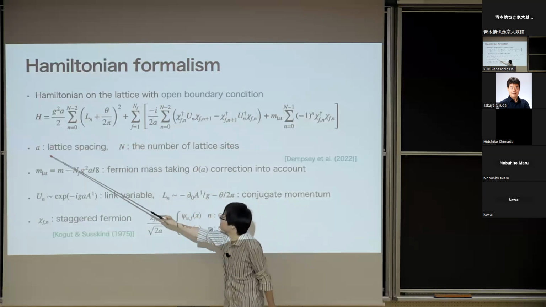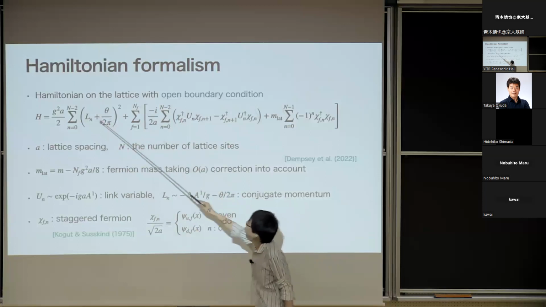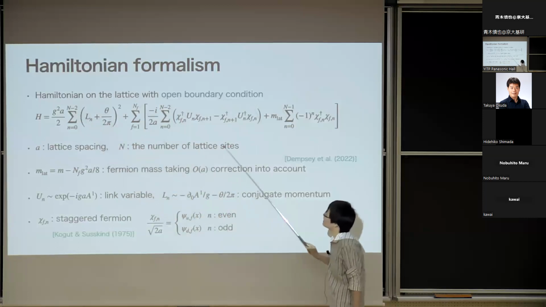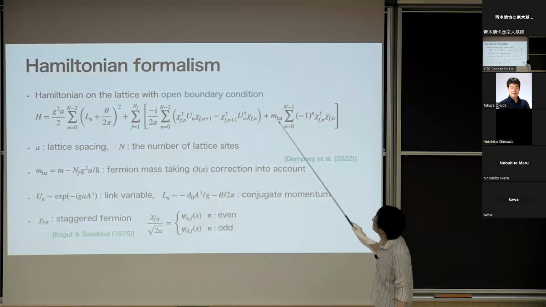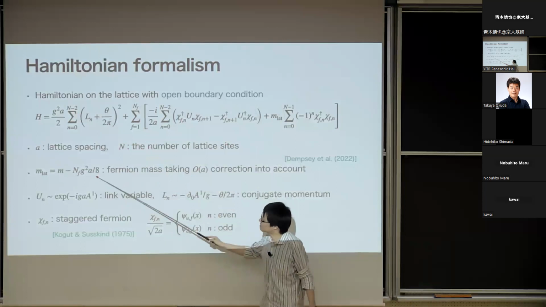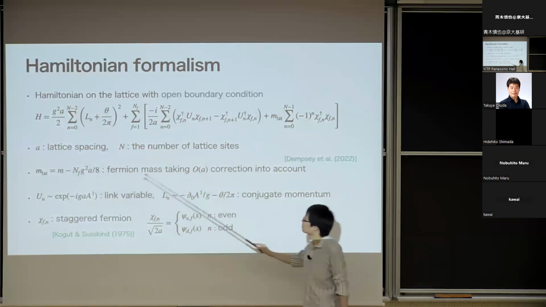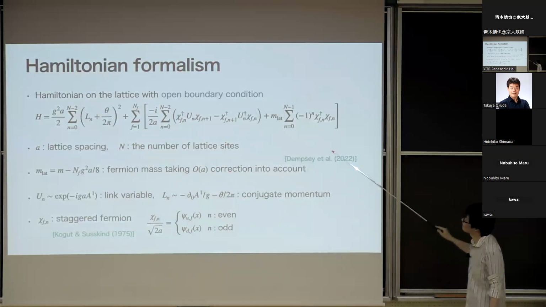A here is the lattice spacing, and N in the sum is the number of lattice sites, I mean, system sites. And this m_lat is the mass parameter, but we add some correction term considering the order A correction. This is discussed in this paper.